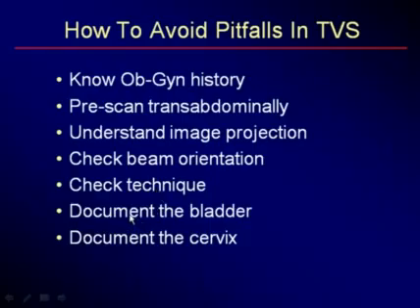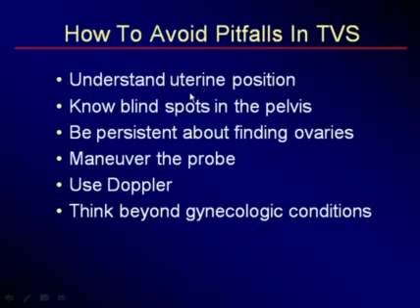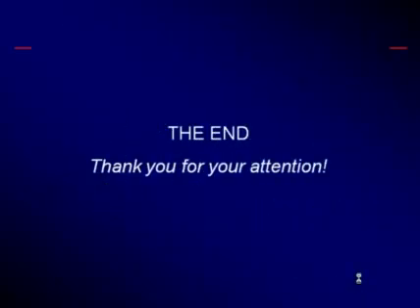We check for depth, gain, focus. We will then look at the bladder, the cervix, then check the uterus, look around in the adnexa, know our blind spots, make sure we find the ovaries, maneuver the probe, use our Doppler, and in the end, if we don't have an answer, think beyond gynecologic conditions. Thank you for your attention.